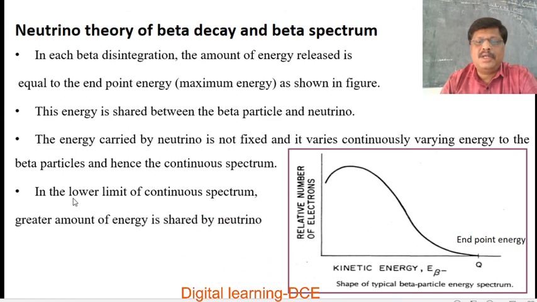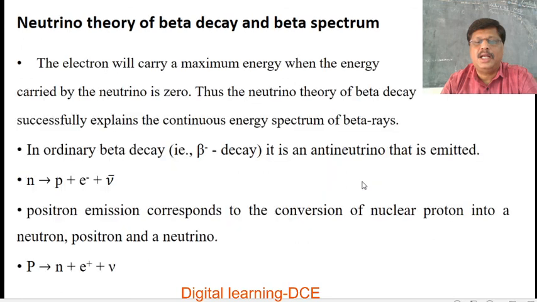In the lower limit of the continuous spectrum, a greater amount of energy is shared by the neutrino than the beta particle. Energy increases here. This is the lower energy. In this lower limit, a greater amount of energy is shared by the neutrino and a lesser amount of energy is shared by the beta particle.